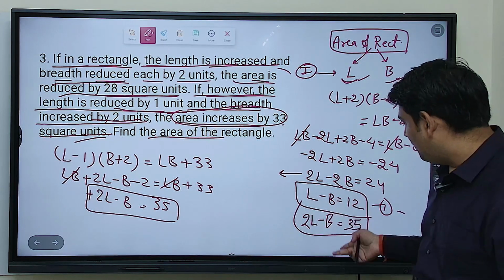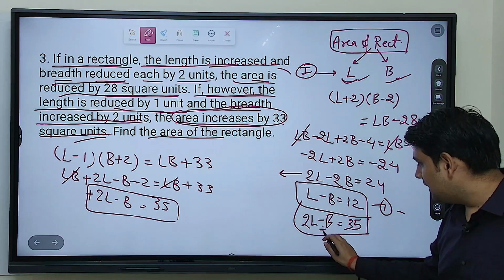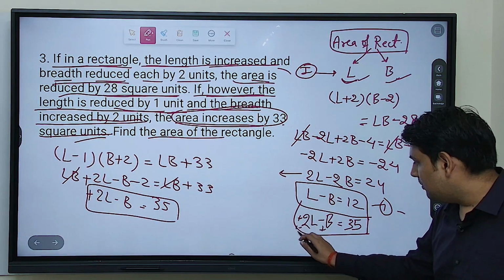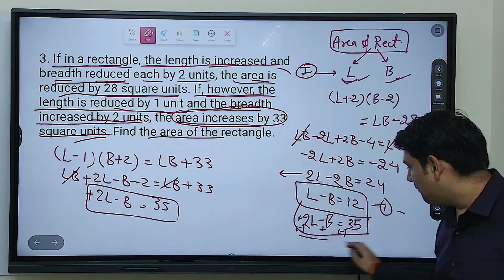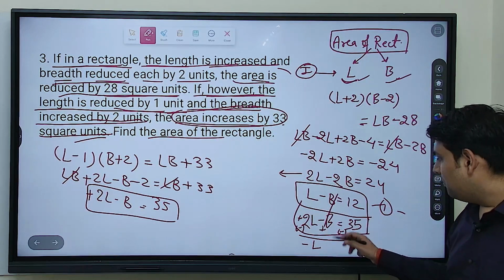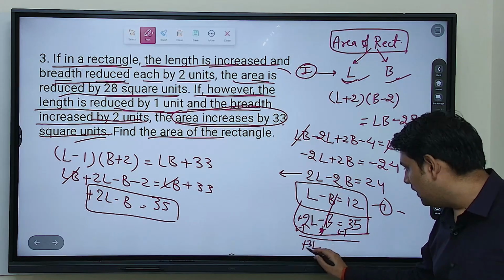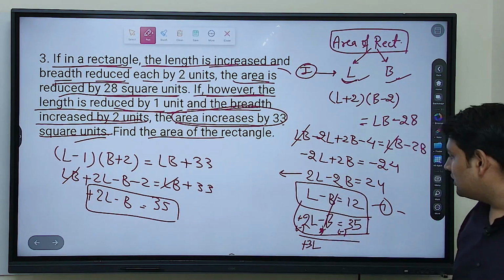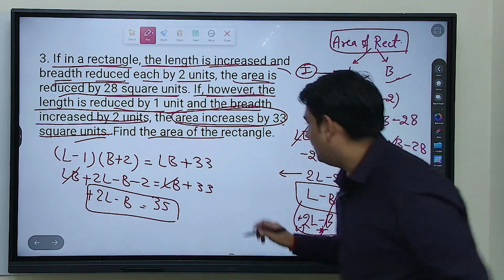Understood? Now if you subtract them, what will you get? Wait, I'll write it clearly.